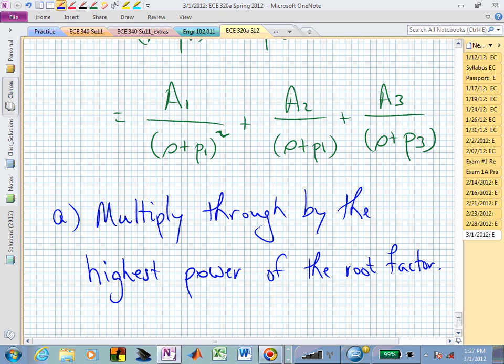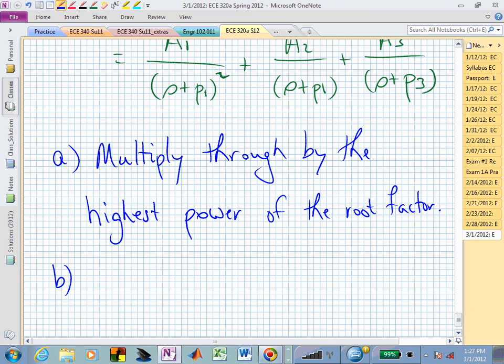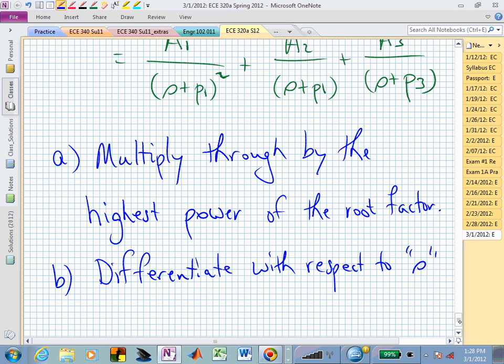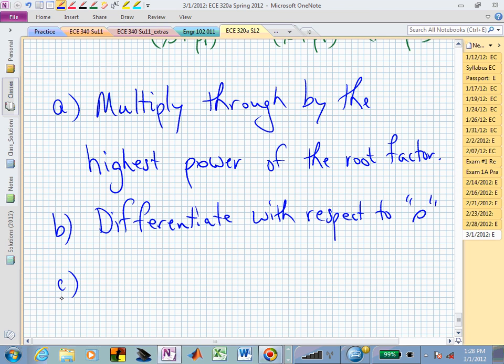That's the first step. The next step is to actually differentiate that mess. And we differentiate with respect to s. That differentiation process, once we then evaluate at the root location, is going to get rid of all of the terms except the one we're interested in.